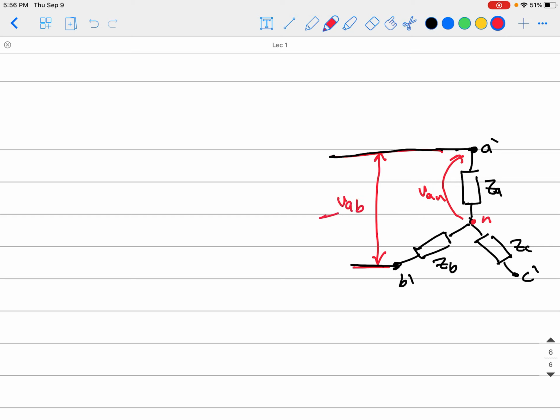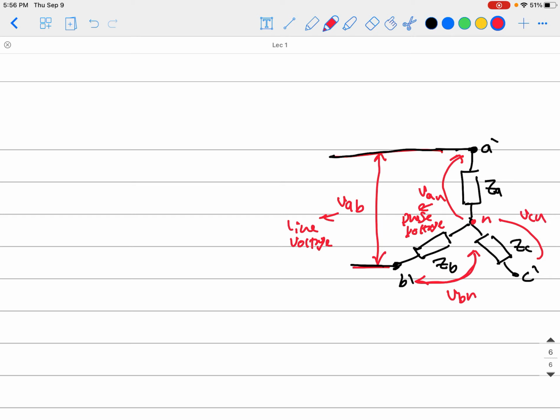That is line voltage, but VAN is phase voltage. And this value of voltage from here to there is VBN. It's also a phase voltage from B to N. So they are all phase values, VAN, VBN, and here VCN.